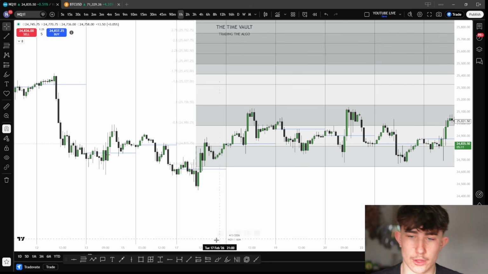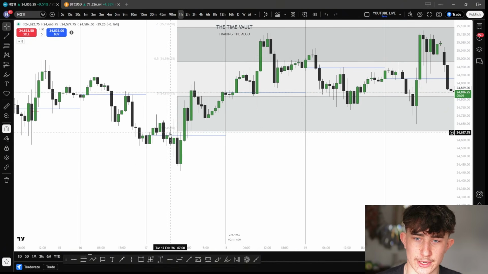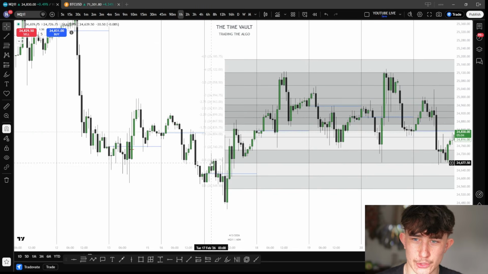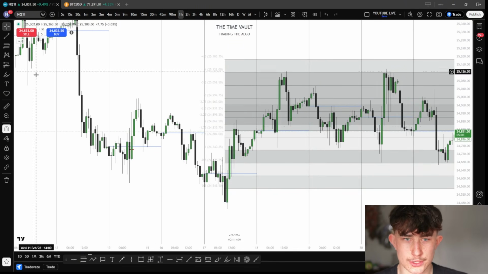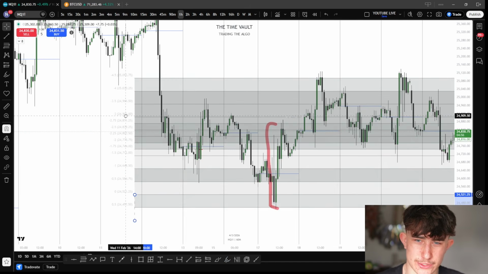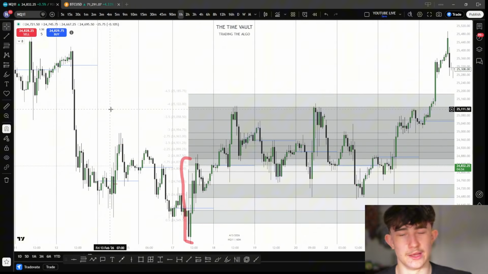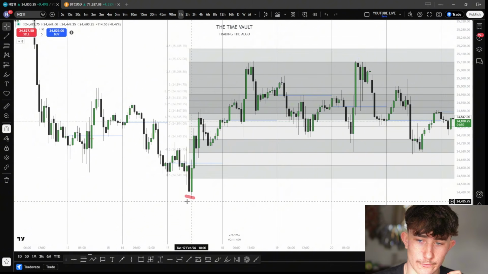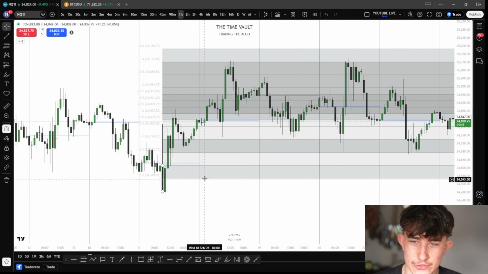Usually when the wicks are far larger than the bodies, then you only want to be taking the bodies here, right? So if the candle is absolutely massive and the projections reach where you know price will never reach, only take the bodies of that projection candle. That will give you the accurate projections for that next upcoming day.